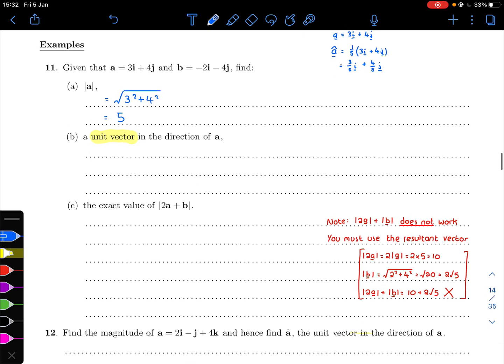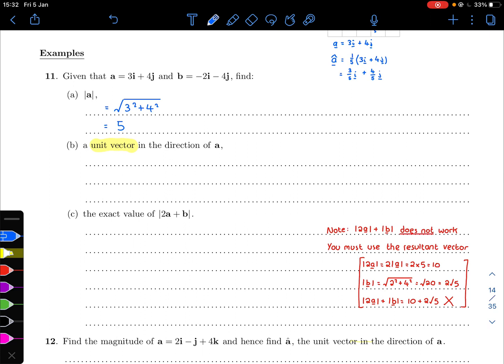Unit vector, the same one we've just done. It's 1/5 of 3i plus 4j, so 3/5 i plus 4/5 j.